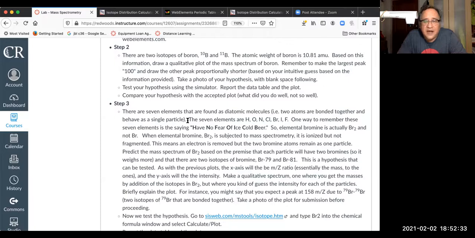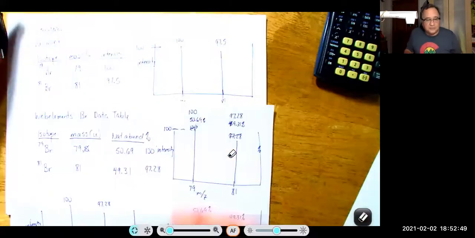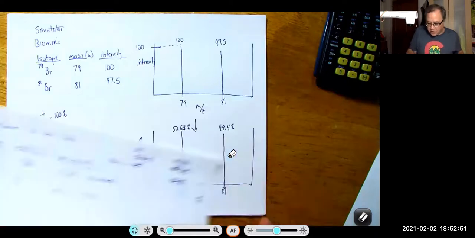All right, so right now you should be making your spectrum, your plot. I'm going to switch screens. So we've done a lot of these plots, but you haven't done one on your own yet, have you?